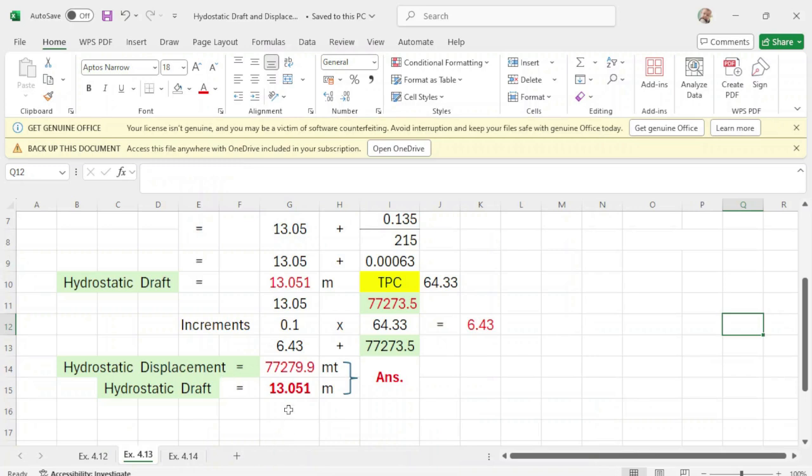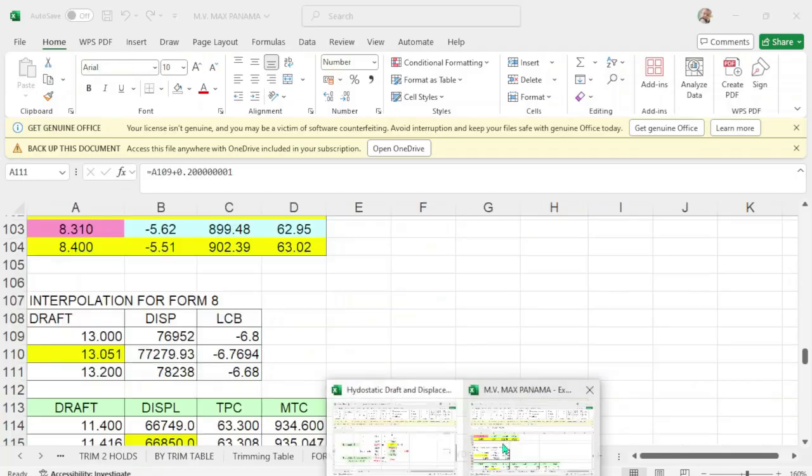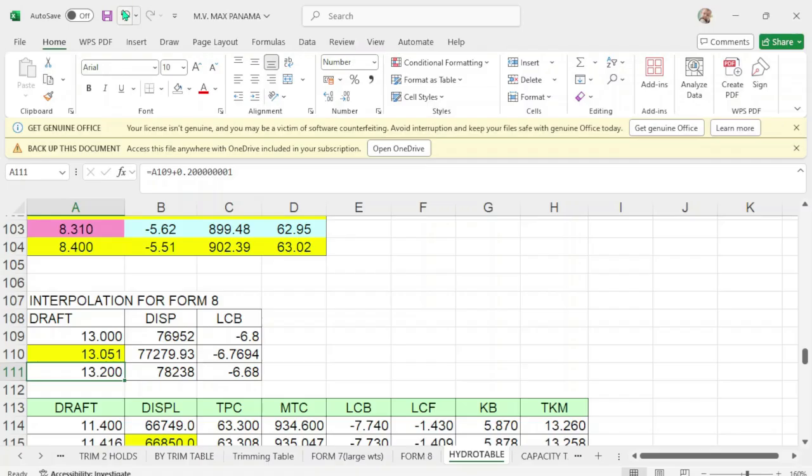Okay, with the drop of 13.051, so it's the same. Put it back here and undo.